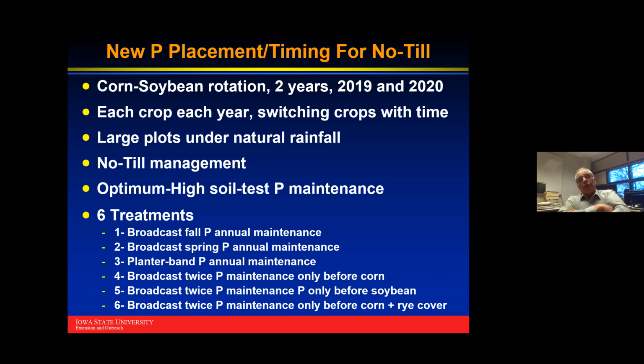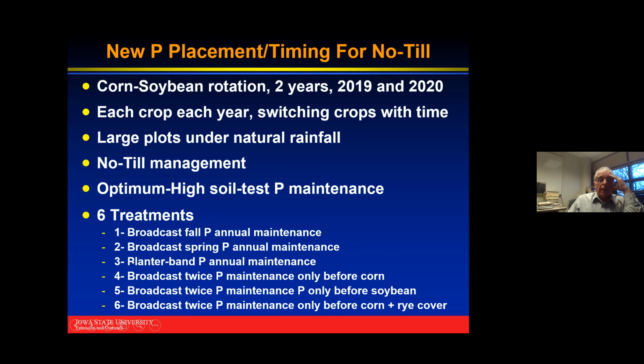And then we have a new study in 2019 and 2020. We have 2 years, unfortunately, funded by the Nutrient Center, but they did not give us funding to repeat it. Here we were comparing apples with oranges. It's all no-till, but we have broadcast fall P and broadcast spring P, annual maintenance.